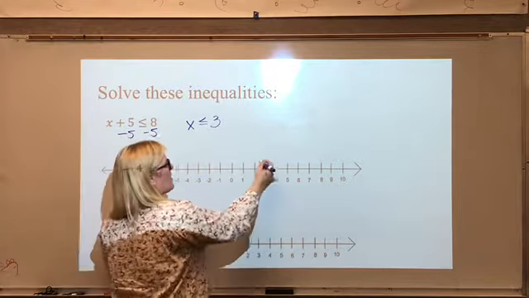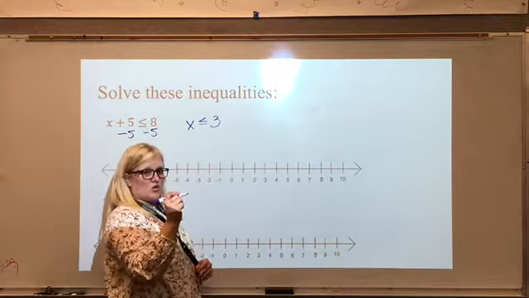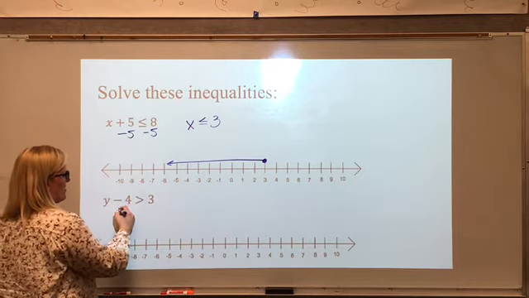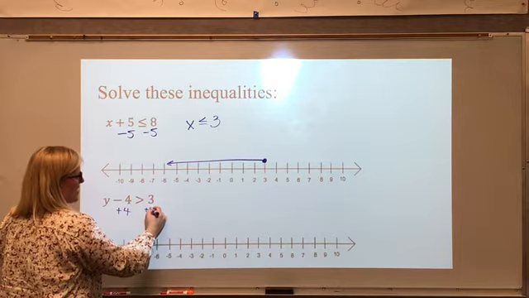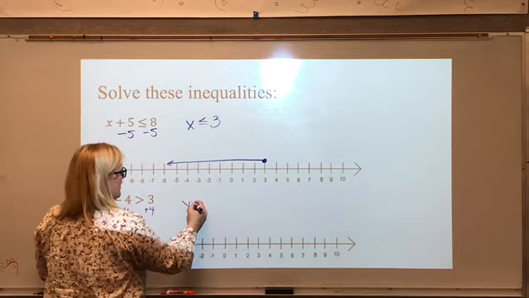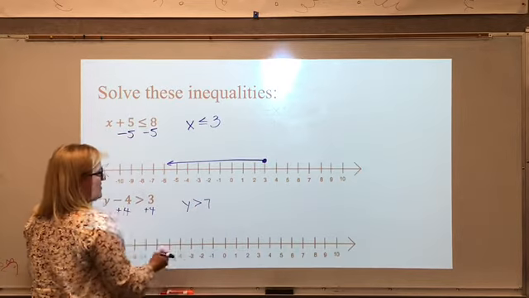So I go here, remember that when it's equal to, I color in the circle. So I have 3, and this is x is smaller than this. So that's how you graph that. Then down here, I add 4 to both sides, and I get y is greater than 7.